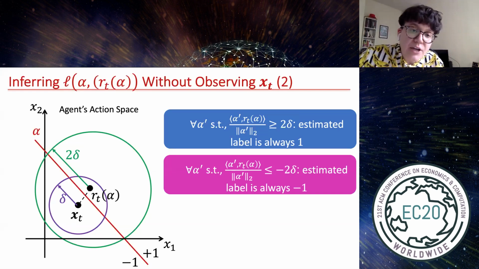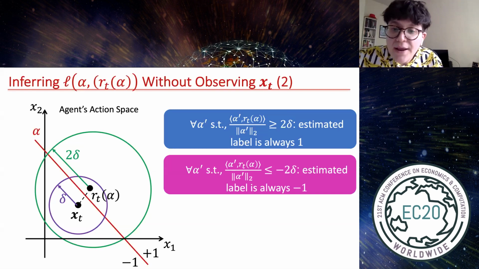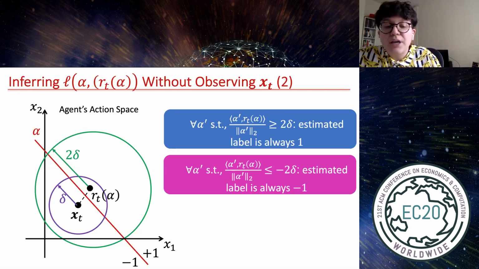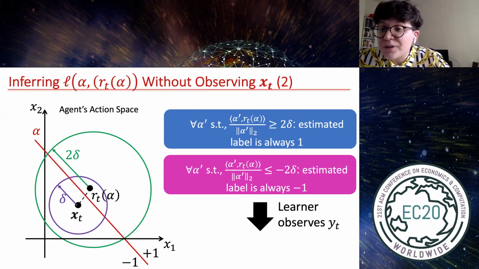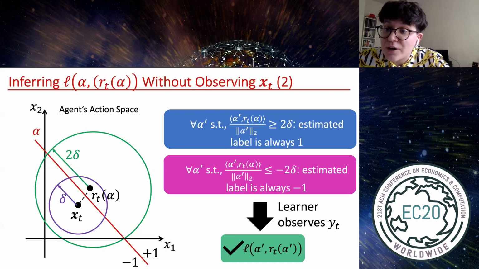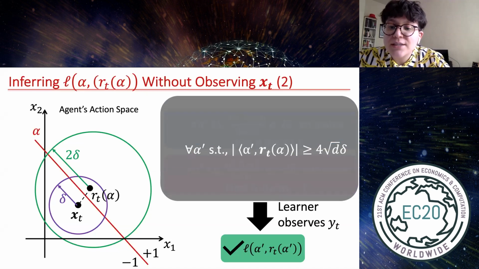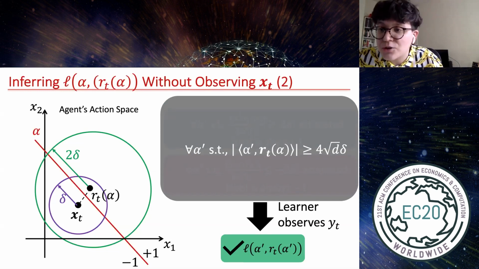Because the learner's actions that are 2 delta away from the agent's data point always satisfy either one of the 2 properties that you see here in blue and pink, which means that just when you observe the yt, the label of the data point, then you can actually infer your loss function for different actions, which in principle and as an idea and intuition is similar to what Nika was doing in the papers that she presented before, when she was trying to extract extra information while having very minimal information due to the strategic nature of people.